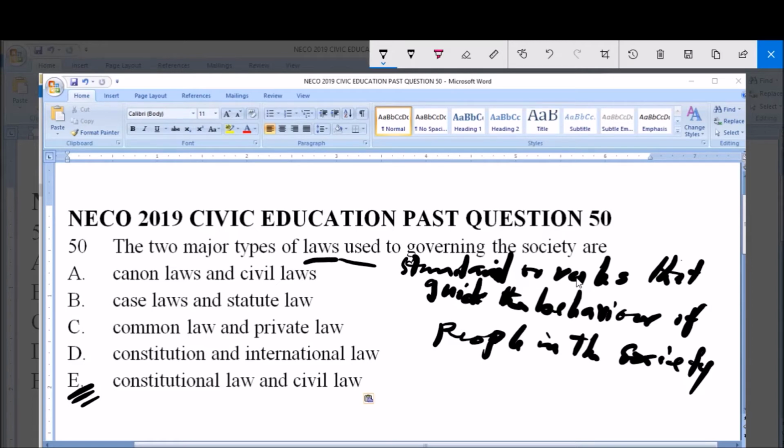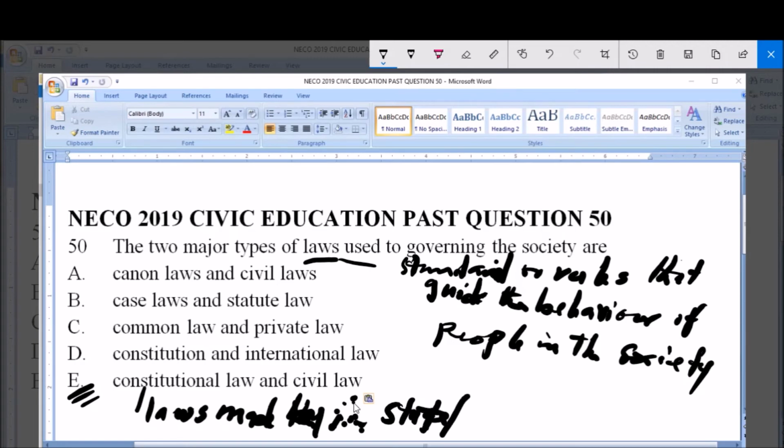When we talk of constitutional law, it simply means laws made by the states, or government.